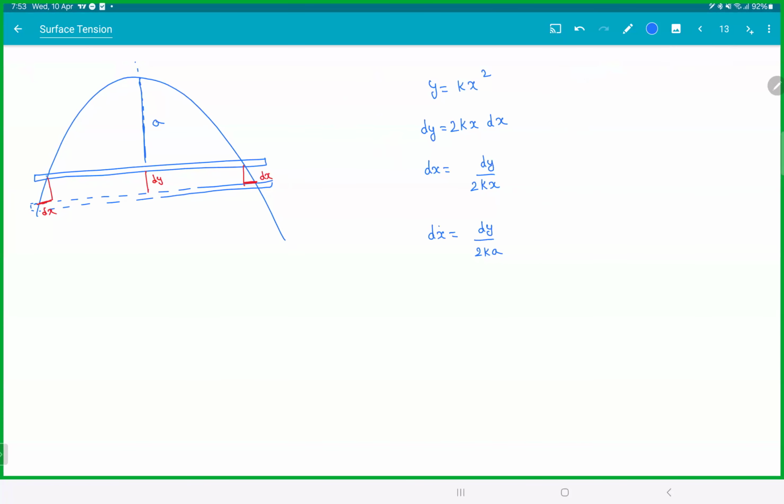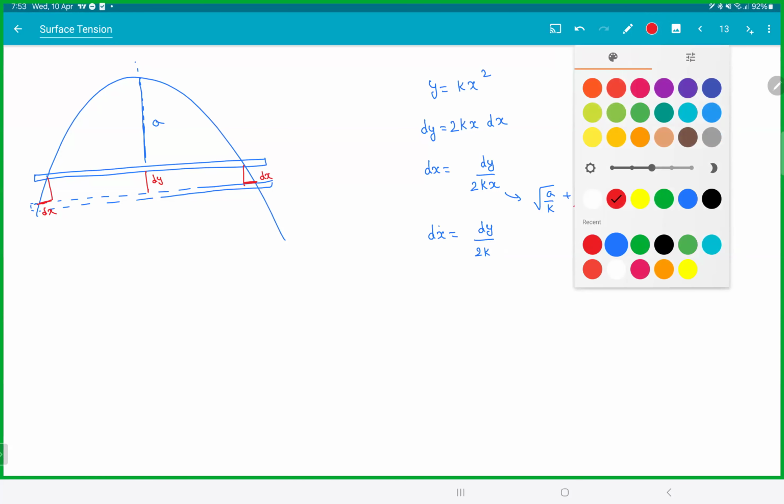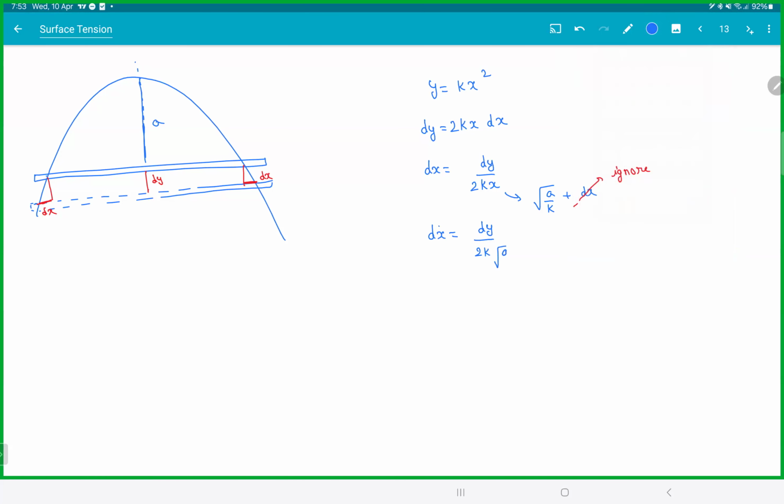Root a by k. We ignore dx. Clear with this?